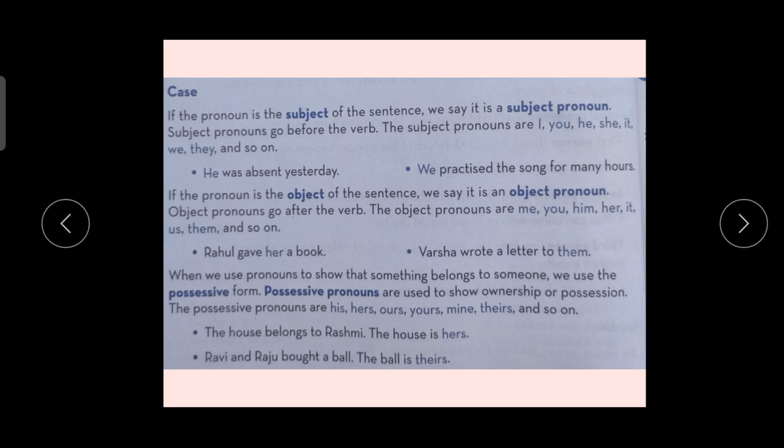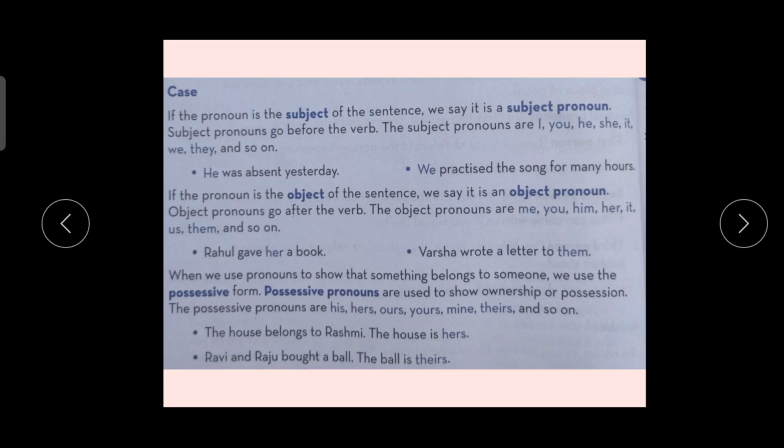Dear students, as I have told you, a sentence consists of subject, verb, and object. So, if a pronoun is kept in the position of an object, we will say that it is an object pronoun, and object pronouns are always kept after the verbs.